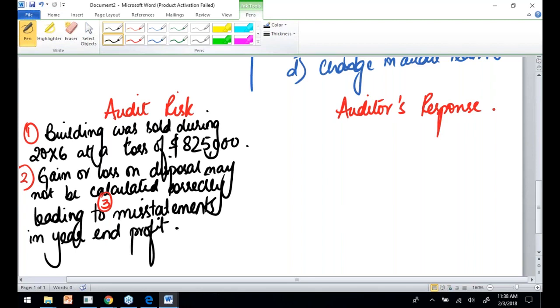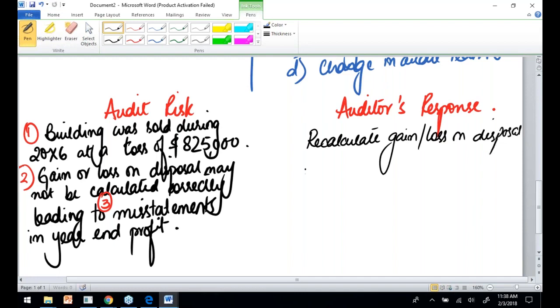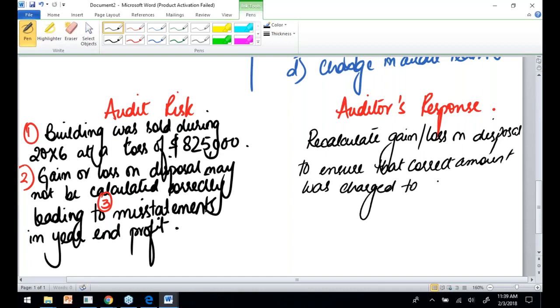Now, an auditor's response. How do you check whether the gain or loss on disposal was correctly calculated? A simple substantive procedure. Recalculate gain or loss on disposal to ensure that correct amount was charged to profit and loss.